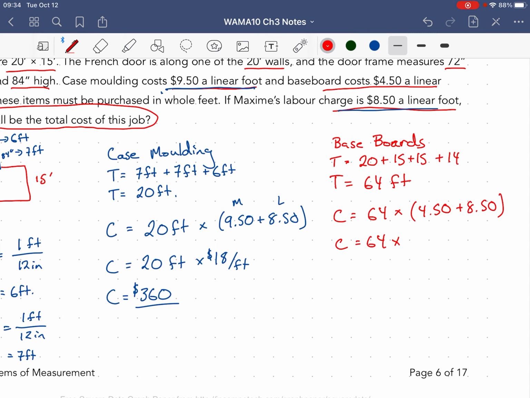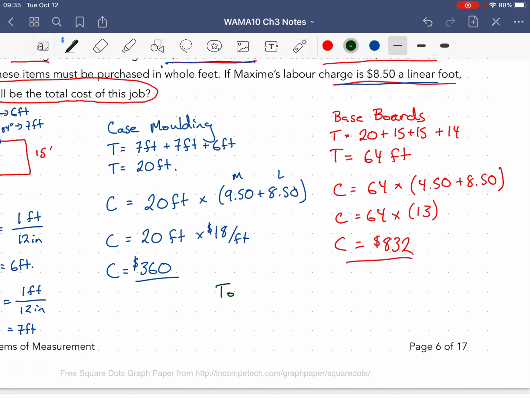And $8.50 plus $4.50 is $13 per linear foot in total for the cost. So the cost is 64 times 13, $832. So for the baseboards, it's going to cost $832 to put the baseboards in.